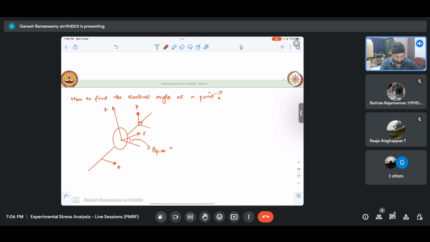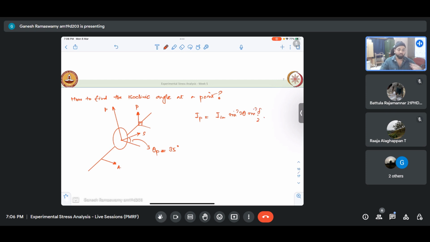So now when I see in this arrangement, with the polarizer at 0 and the analyzer at 0, I know that from my plane polariscope arrangement, I_p is nothing but I_m sine square 2 theta sine square delta by 2. So I'll be seeing both kinds of fringes, isoclinic and isochromatic fringes.